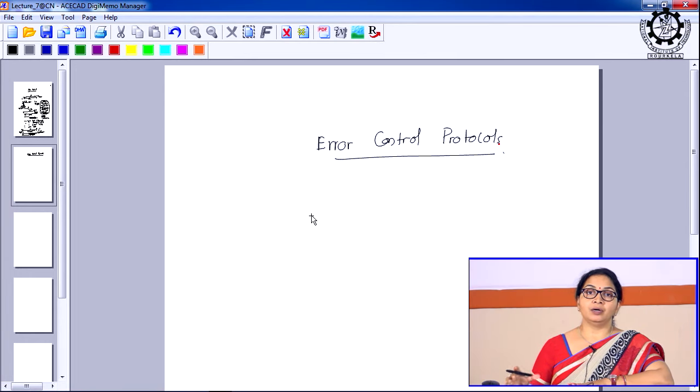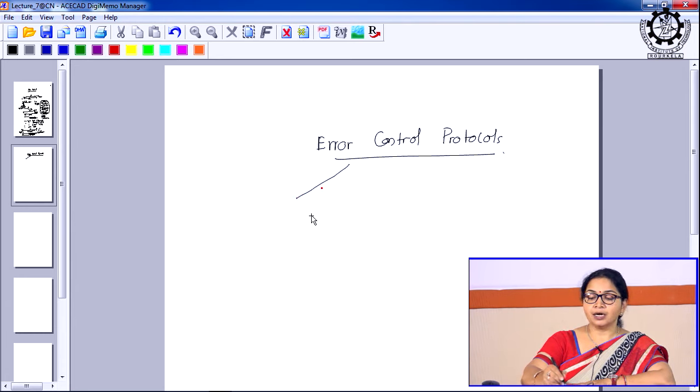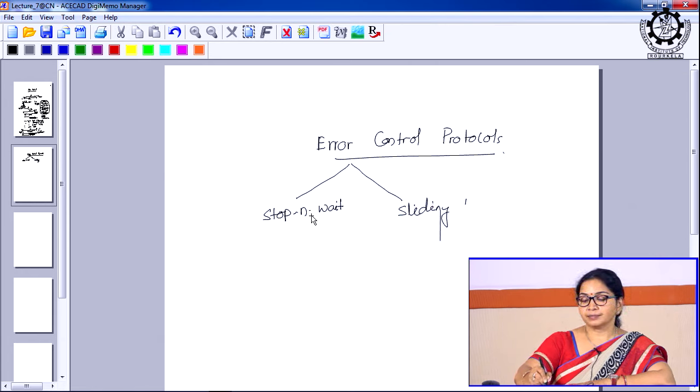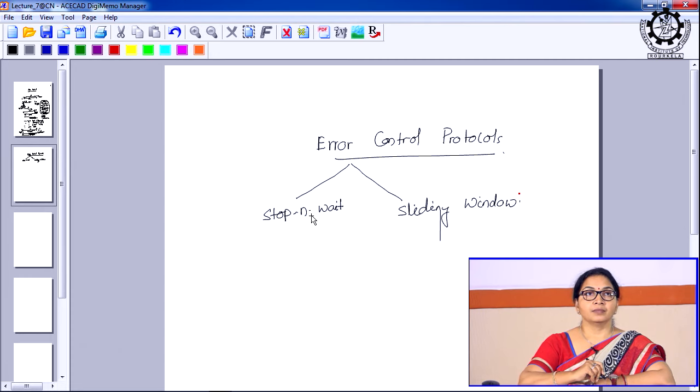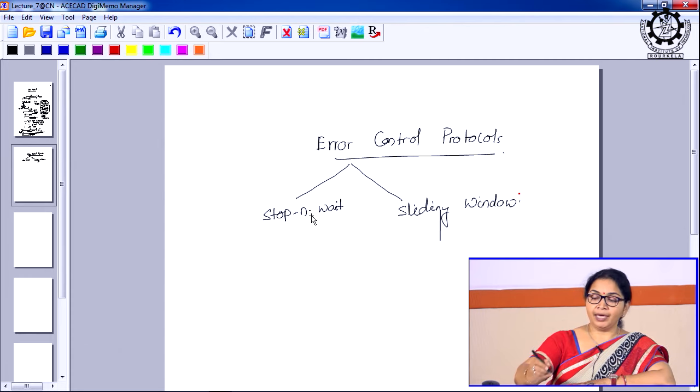So, what are the ARQ or the error control protocols? Similar to your flow control protocols, the error control too has two different kinds of protocols. One is the stop and wait and another is the sliding window error control protocol. And in this sliding window, again there are two types of protocols that belong to this sliding window mechanism.